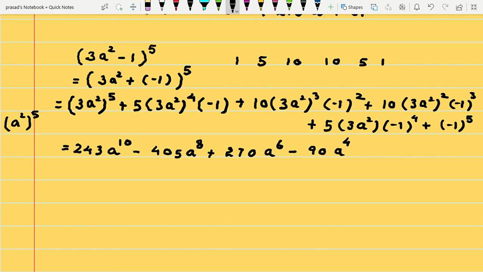Now in the next term, again the sign is positive. Negative 1 raised to 4 is positive. So here 5 threes are 15, a square, and negative 1 raised to 5, the last term will be negative 1. So that is your expansion here.